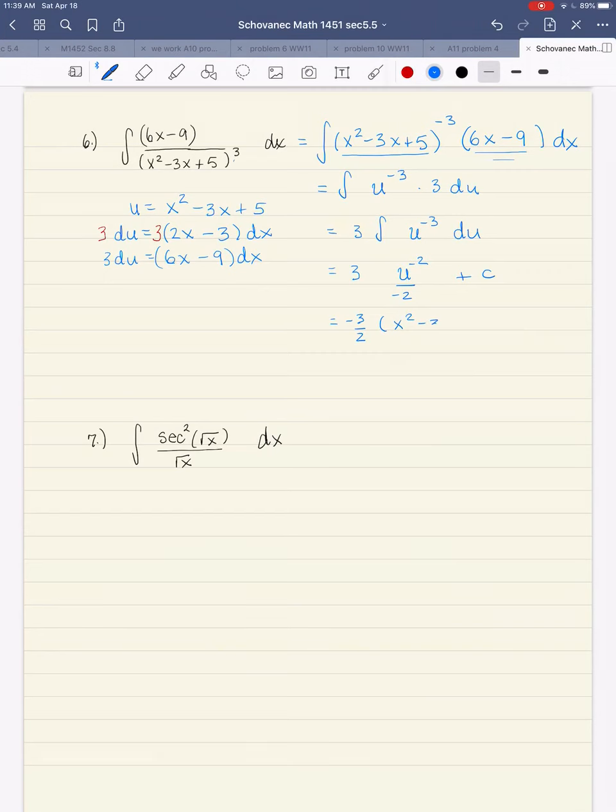And so I can put those two constants together. And u is x squared minus 3x plus 5. And maybe you even like looking at that with positive powers. That's your personal preference.